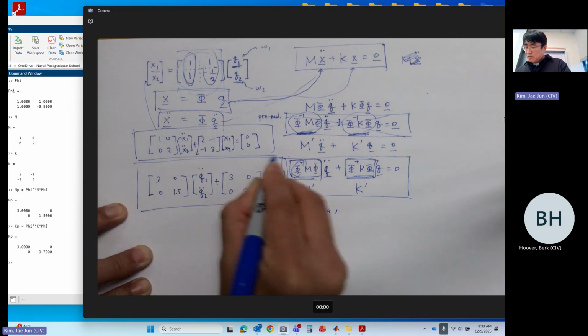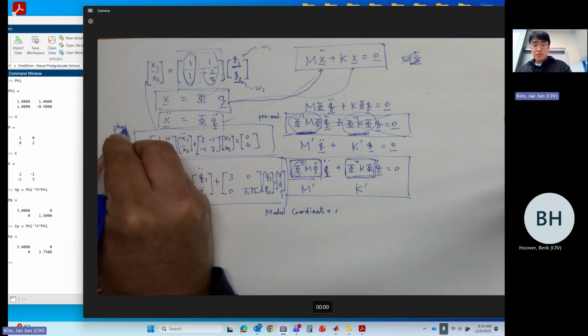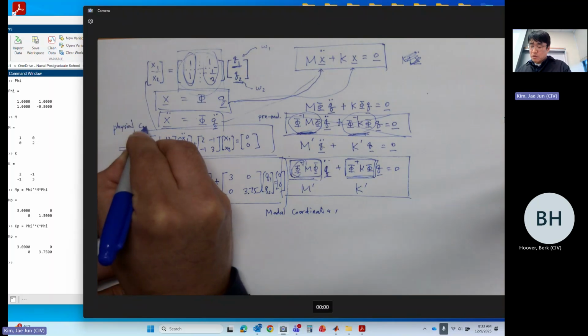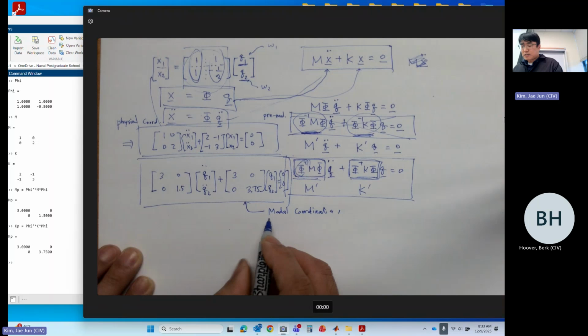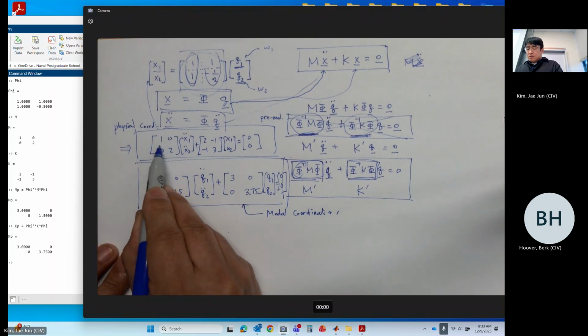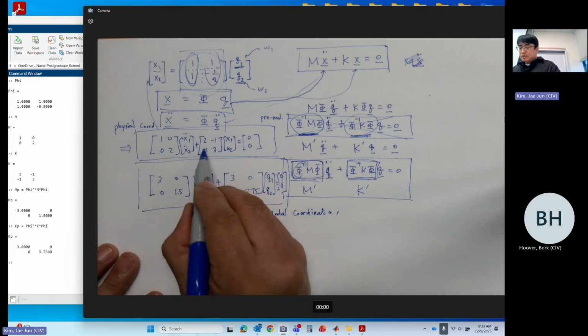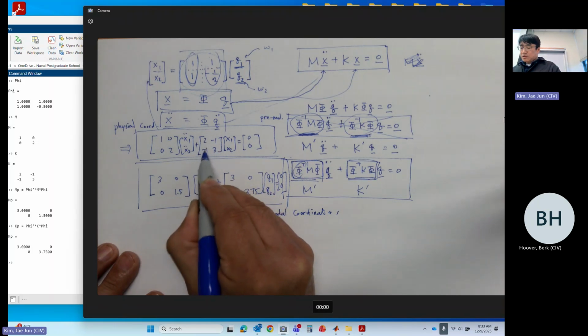So compare this equation in physical coordinates and this in modal coordinates, right? In this coordinate, you have a K matrix which is coupled.